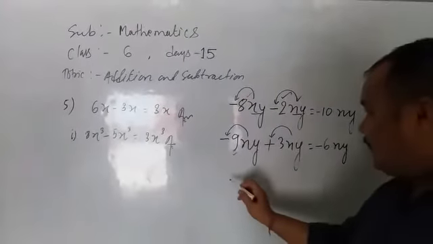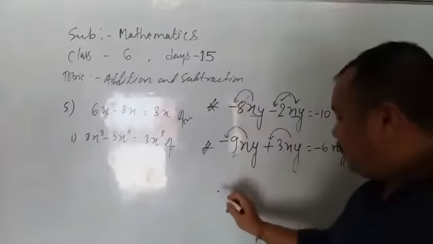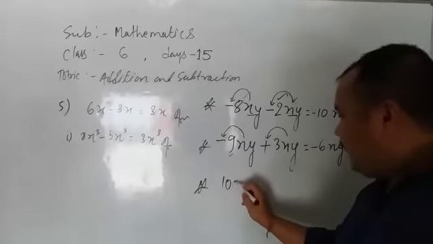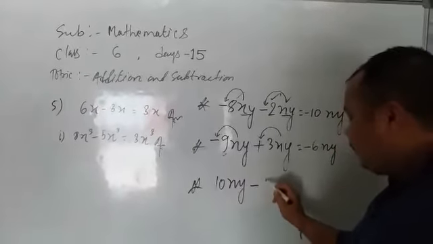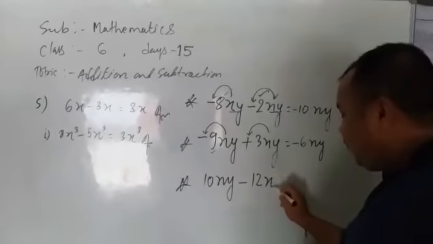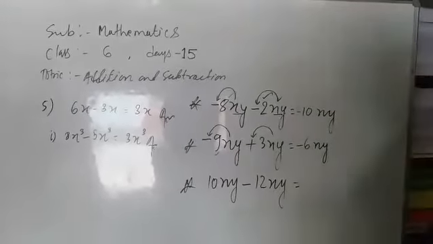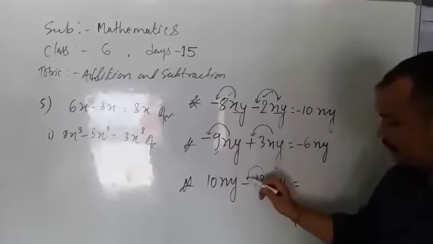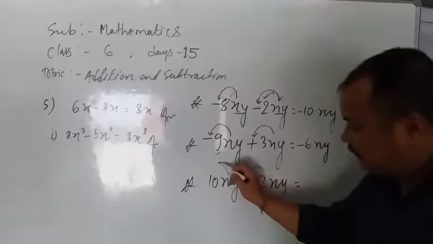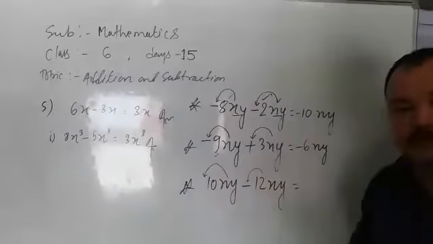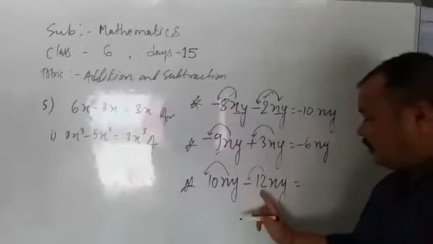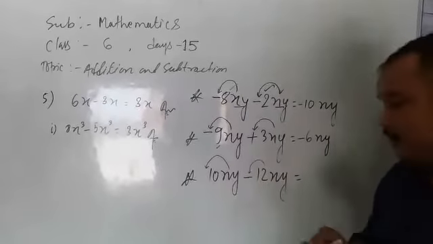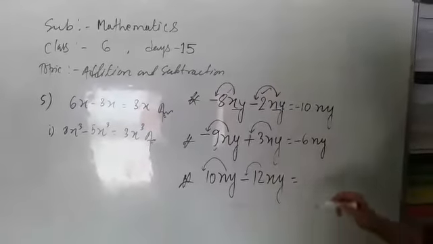And one more example. See here, 10xy minus 12xy. So dear students, look here. One term has a minus sign, and the other term has no sign, which means there is a plus sign. So one term is minus and another is plus, so we do subtraction because they have different signs.